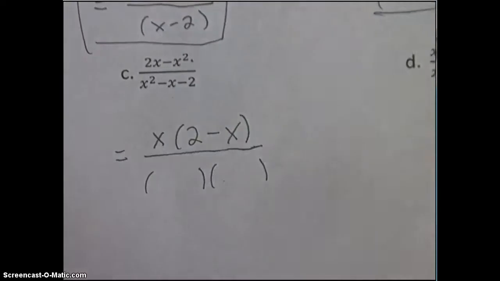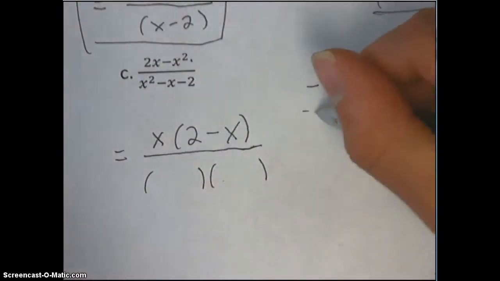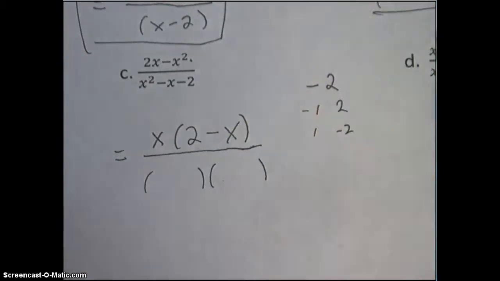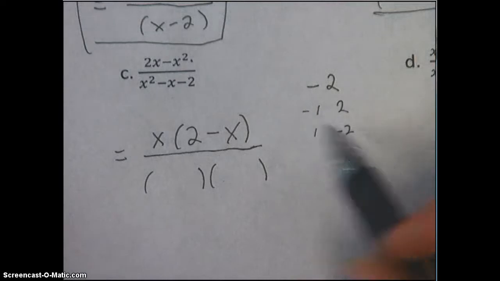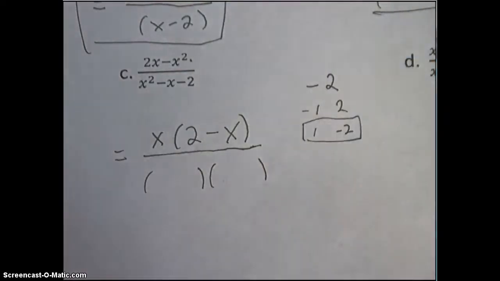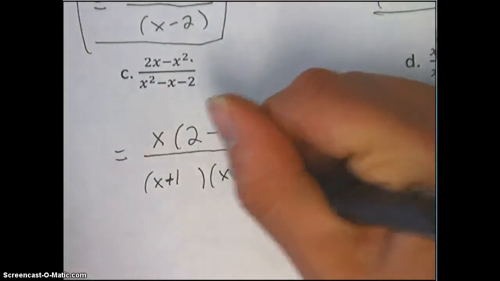This is the way I like to think about it. I'm going to think of all the factors of negative 2. So I can make negative 1 times positive 2, or positive 1 times negative 2. And I'm going to look at these factors, and which one adds to negative 1? Well, that's this one right here. So I've got an x plus 1 and an x minus 2.